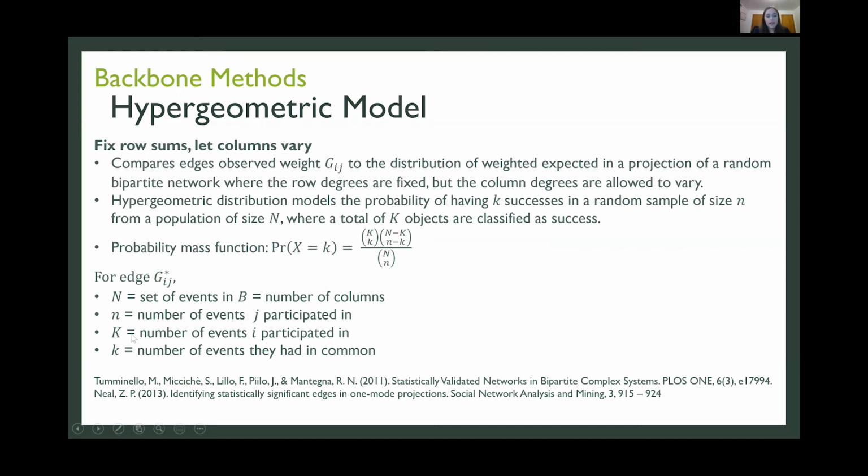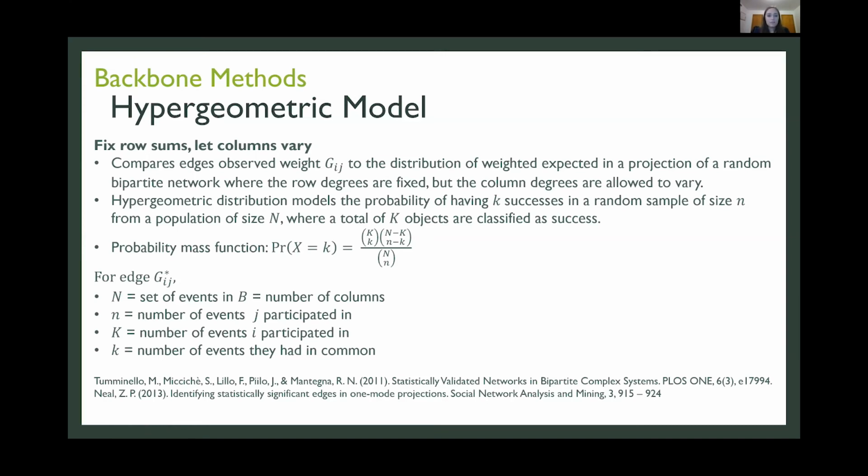If we let big K, the number of objects that could be a success, be the number of events I participated in, then what we're actually looking at is little k, the number of events they had in common: the probability that the two senators actually co-sponsored the number of bills that we saw in our actual data.